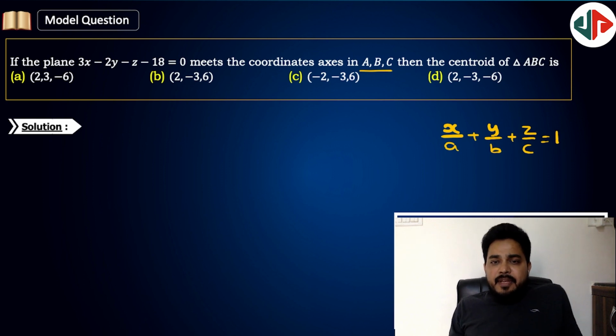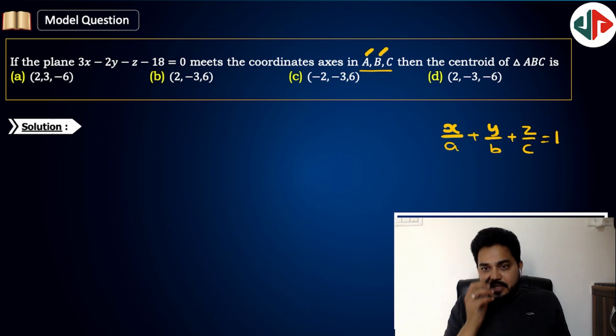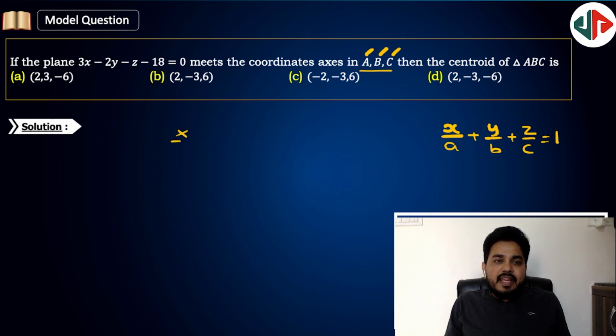So A will be a comma 0 comma 0, B will be 0 comma b comma 0, and C is 0 comma 0 comma c. So if you write this equation, x by 6 plus y by minus 9 plus z by minus 18 is equal to 1.